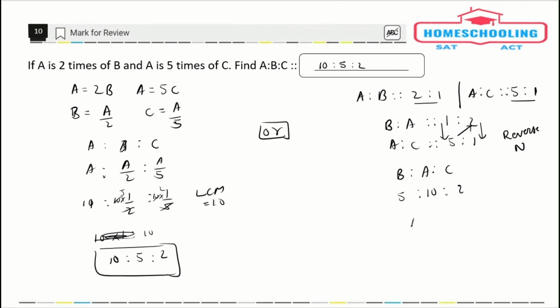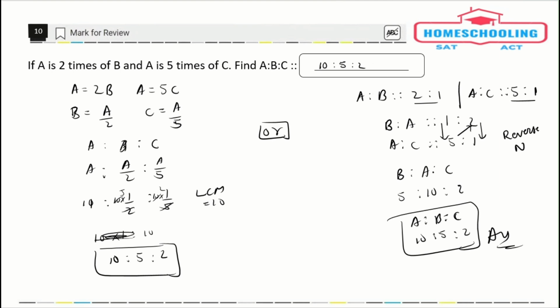So from this we can write that A is to B is to C is 10, B is 5, and C is 2. So this is your answer.